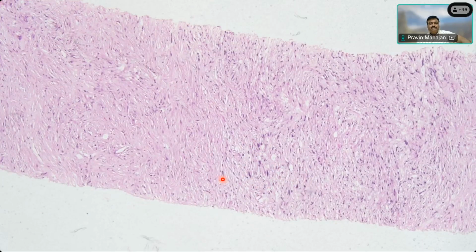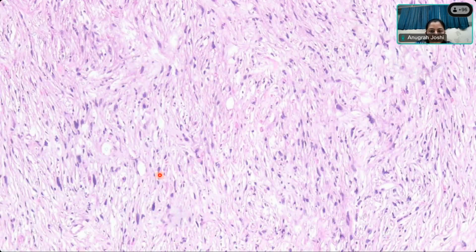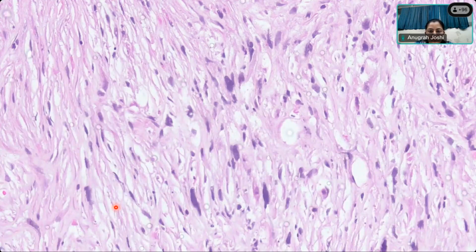So we'll go to another area. You very rightly said there are loose fascicles of spindle cells, and there's stroma also in between. So it is mild to moderately cellular, but you can see there is nuclear pleomorphism. What about this? This again shows pleomorphism in the cells, some having hyperchromatic nuclei, and pale eosinophilic cytoplasm is there.